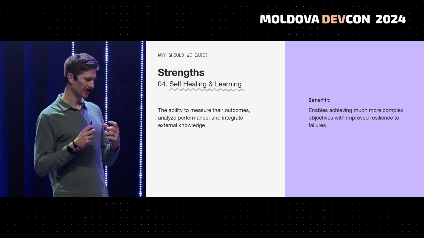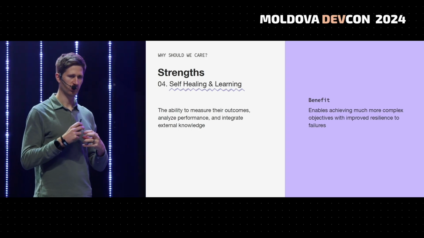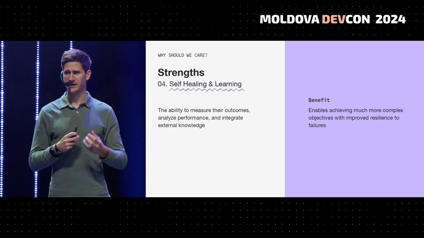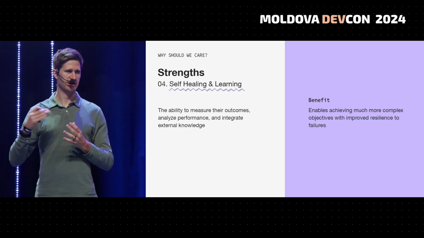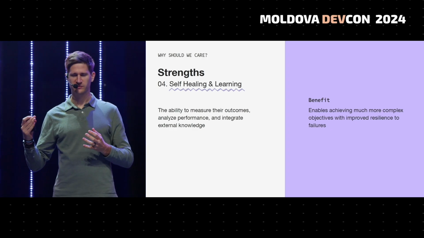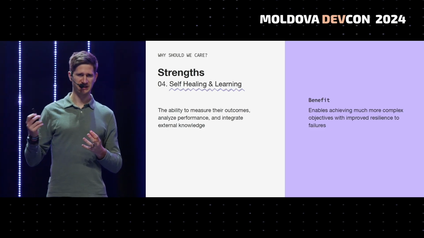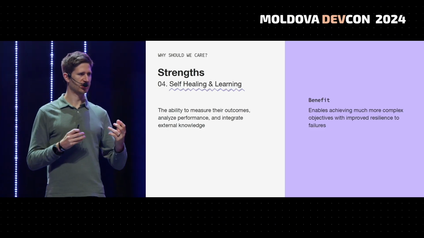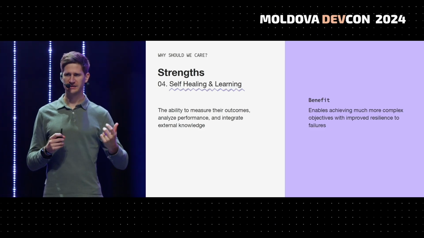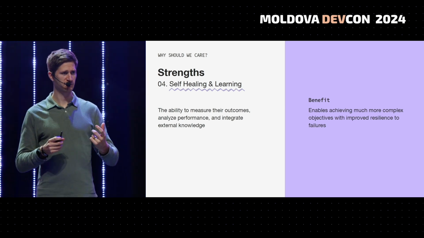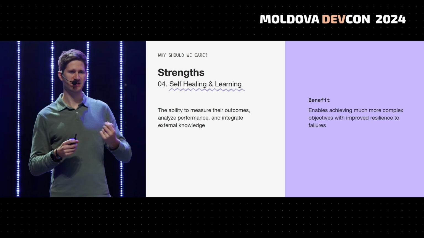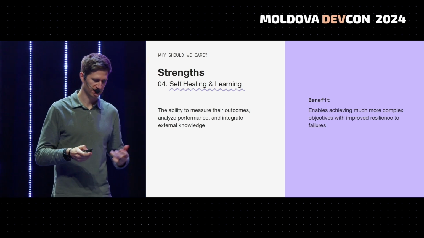So it can get feedback when it makes mistakes, correct itself, and thereby pretty much self-heal. And this means that we've got a solution that is much more resilient to failures and could actually attempt much more complex objectives, because it might fail, but that's fine, because it could fix itself.